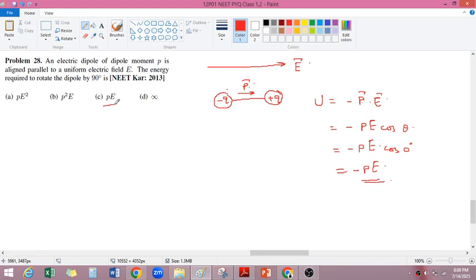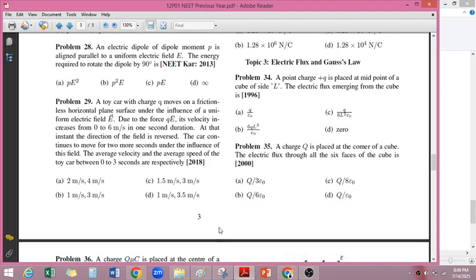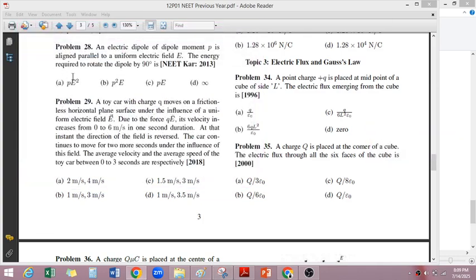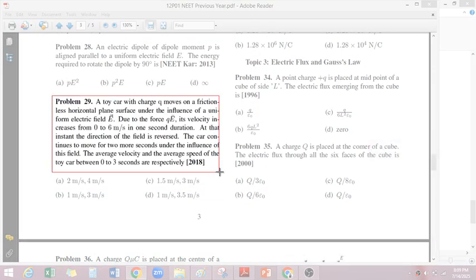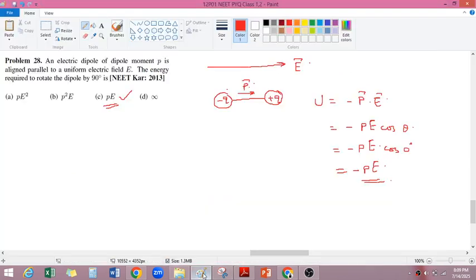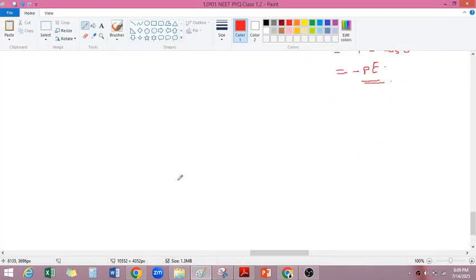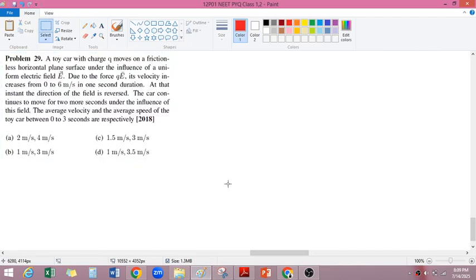So PE will be the correct answer. Here there is no minus because we are talking about the magnitude. This may be a slightly longer question, so let's do it carefully.